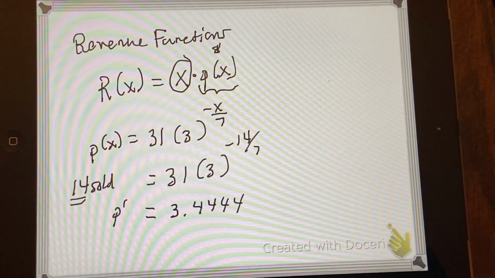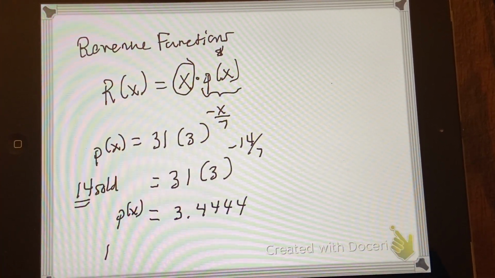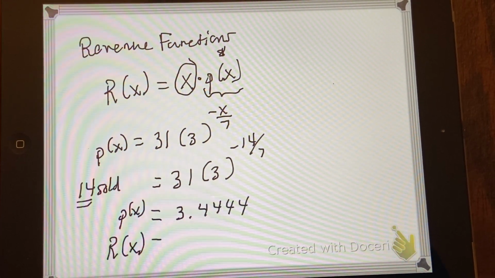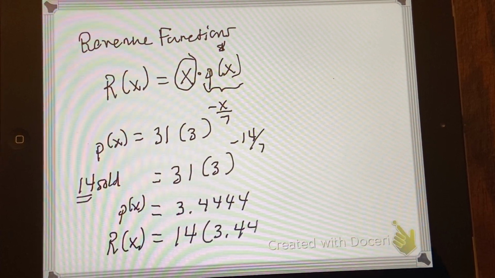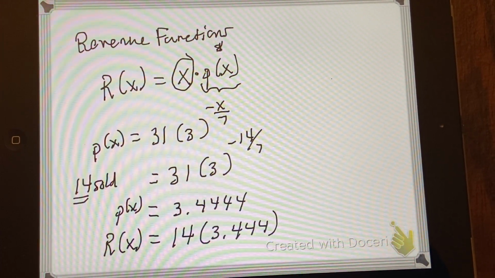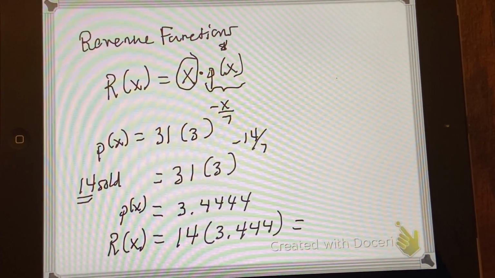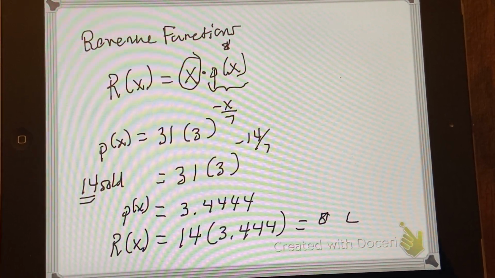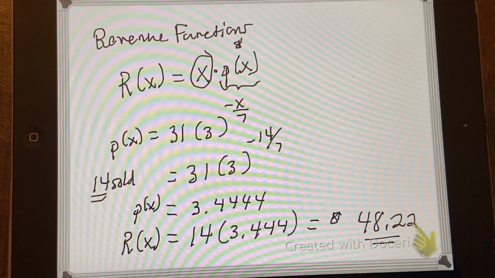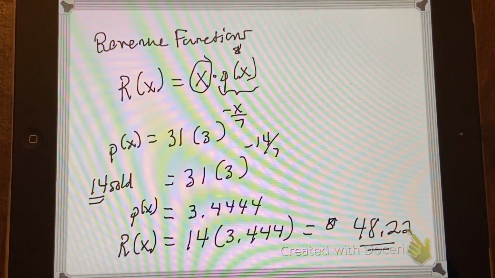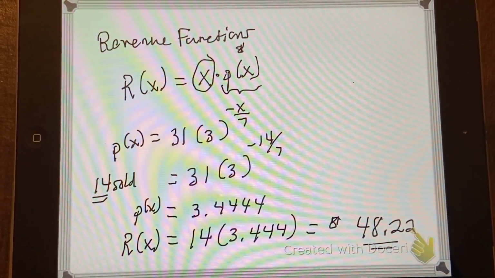This is what p of x is. So I need to go one more step and find the total revenue. So I have to multiply 14 by 3.444. And that will give me, remember money, $48.22.